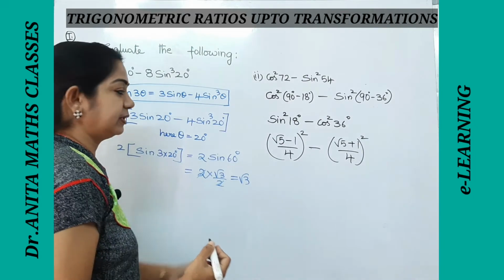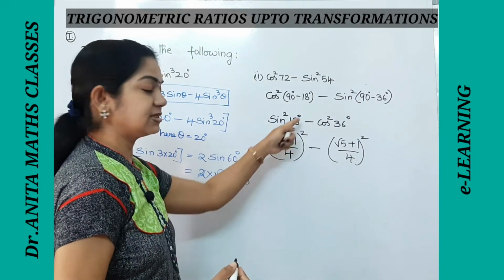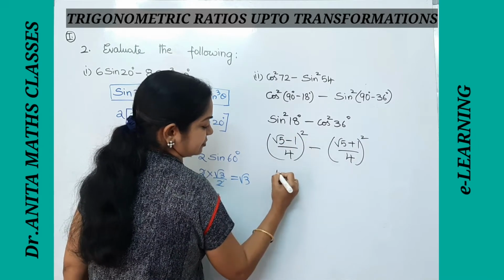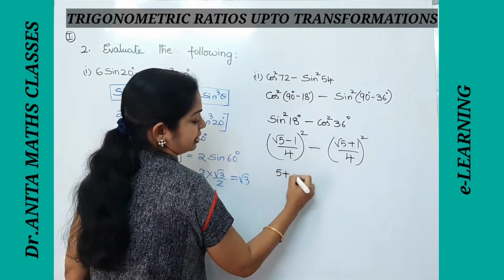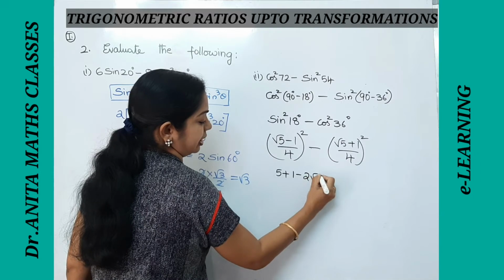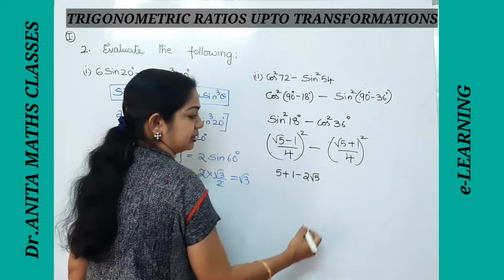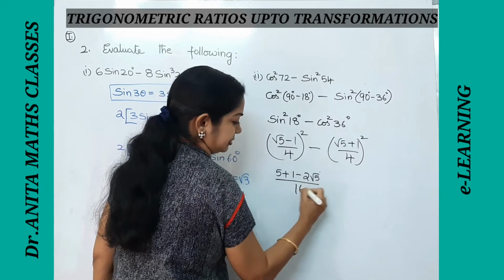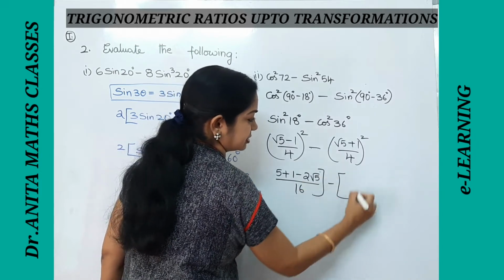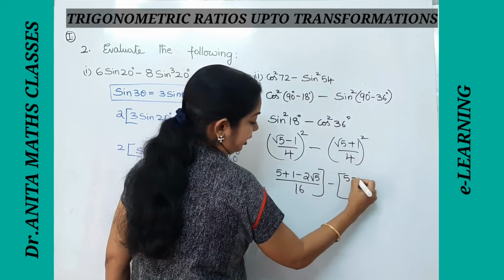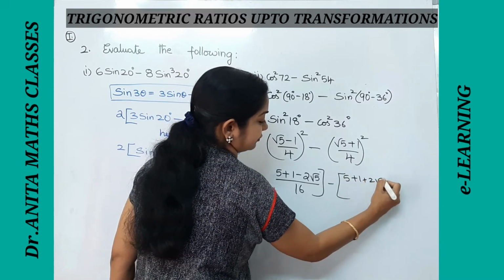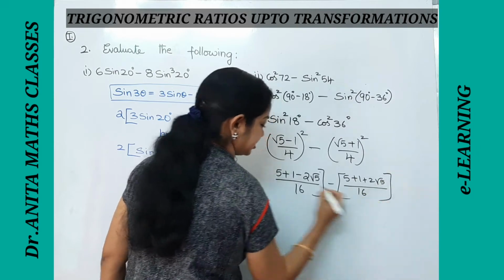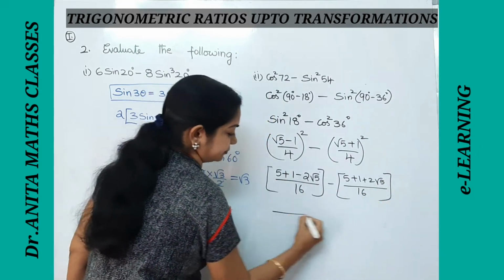Simply we will be doing this: a minus b whole square, I will expand it. a square means 5, plus b square is 1, minus 2ab, that is 2 into a into b. Again here 4 square is 16. Let me do this also. Again the same thing, 5 plus 1 plus 2 root 5, a plus b whole square, upon 16. Now let's take the LCM.